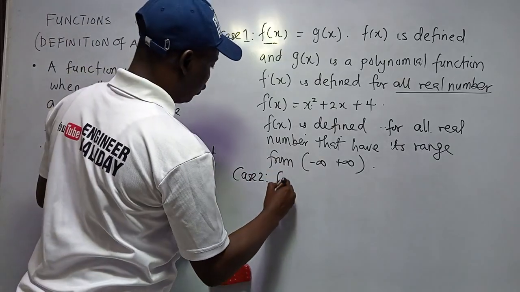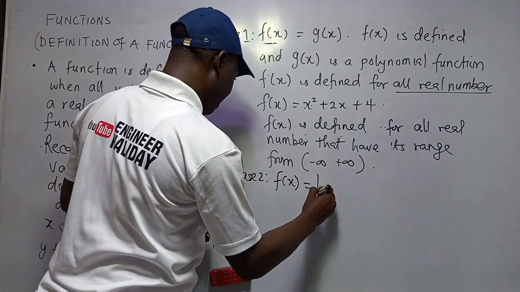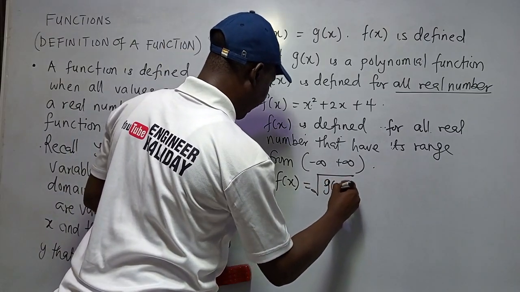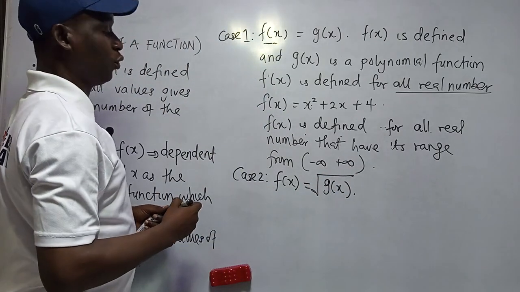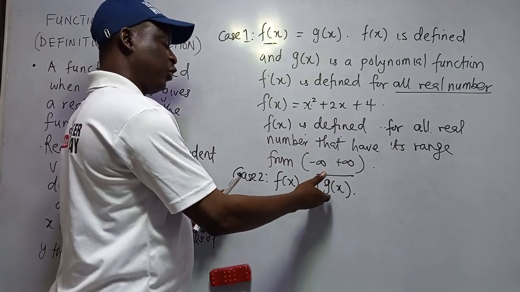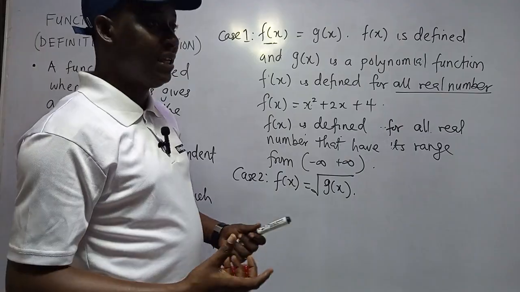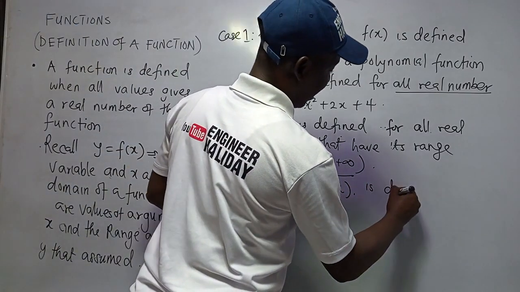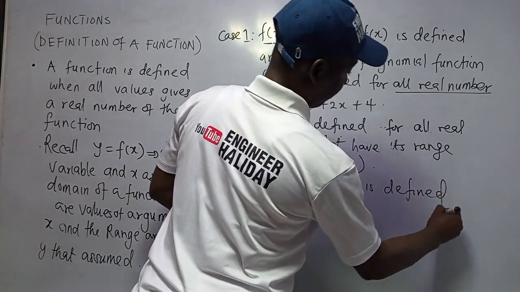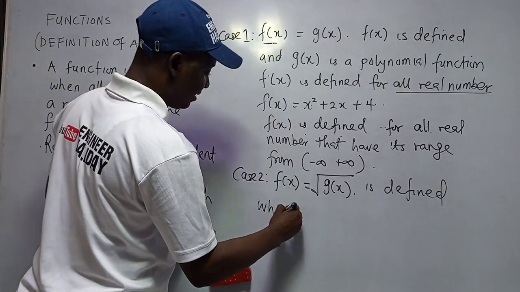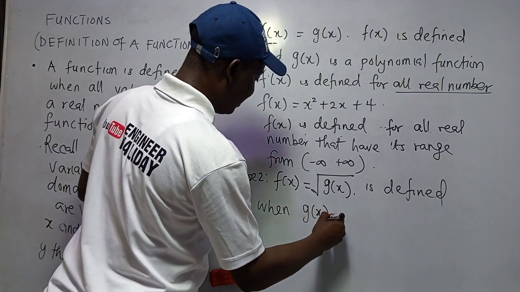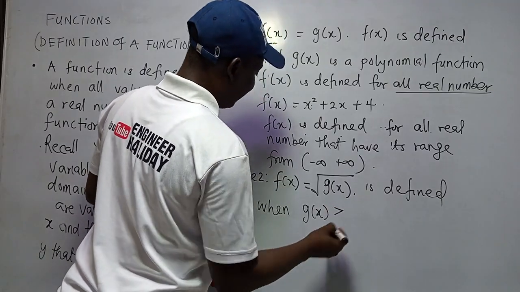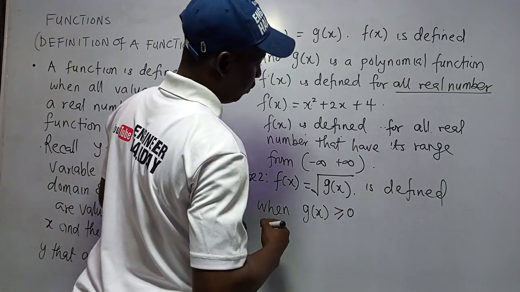When can we say a function is defined? Let's say you have a function like this, square root of g of x. This function will be defined when g of x is greater than or equal to 0.